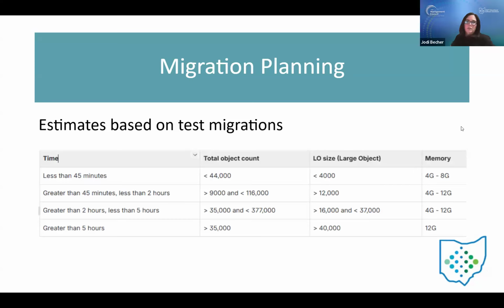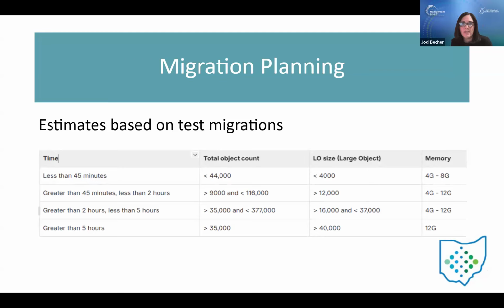And I've created a table here of estimates based on test migrations that we've done. We've done quite a few of them here at SSDT and consolidated that data and took a look to see, based on how long the migration ran, what was that total object count, how many large objects were living in that database, and what was the memory allocated to that database.